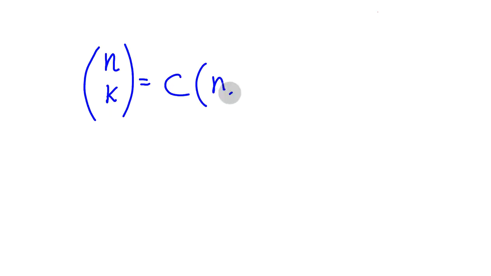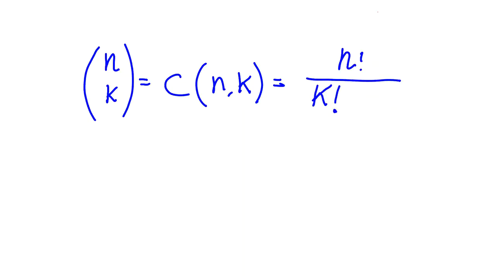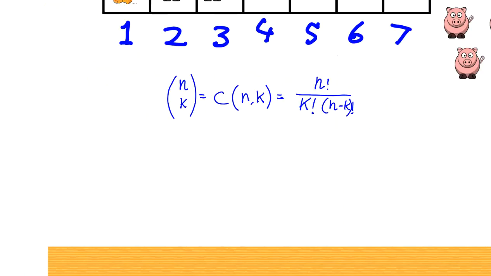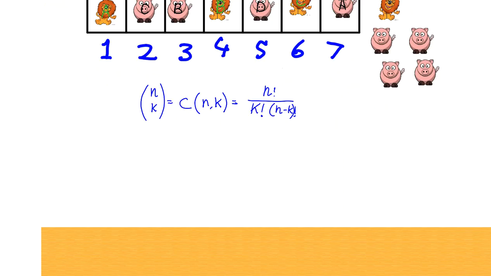So n choose k, which is also C(n,k), is equal to n factorial divided by k factorial times (n minus k) factorial. Okay, so that's the general equation, and that's more or less it for the combination function.